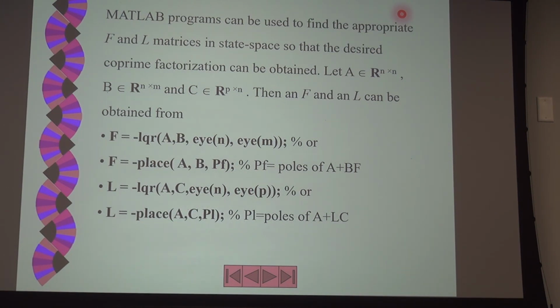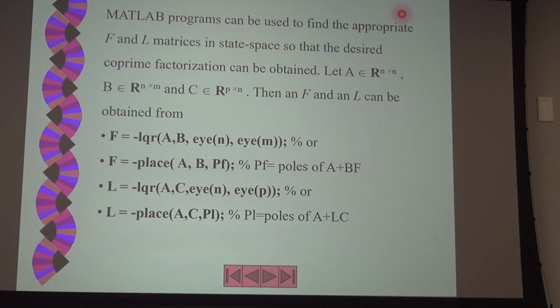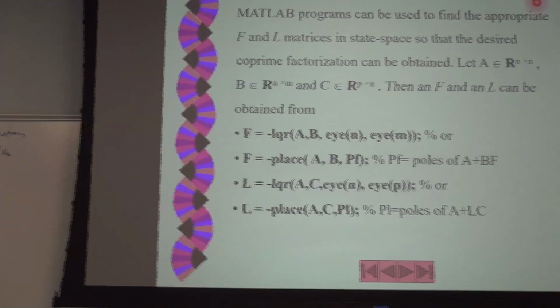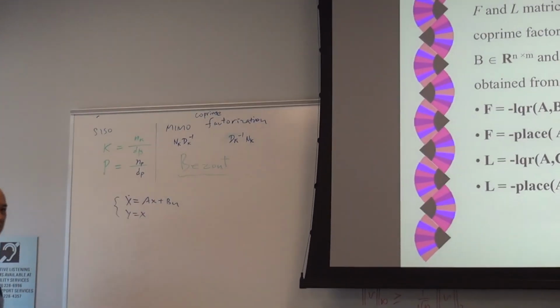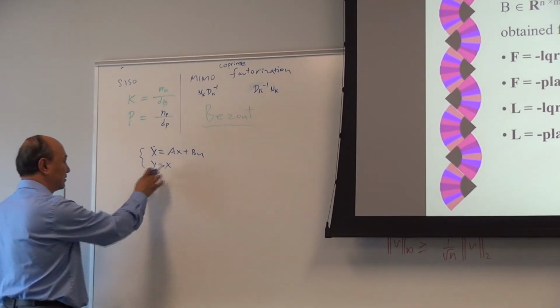So let me just say something about LQR. Because this is a constant reminder, I assume you know this. But what if you do not, or you don't remember clearly? Let's do this. Let's assume the system is x dot equals AX plus BU. Of course, this is MIMO, and Y equals X. This is state feedback.